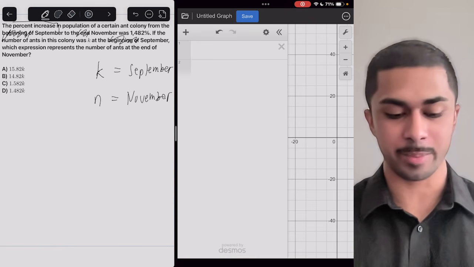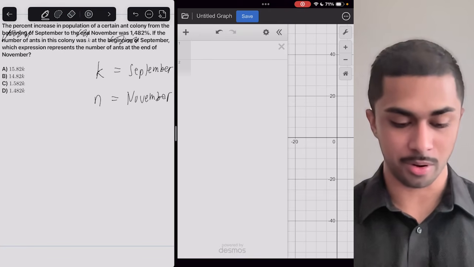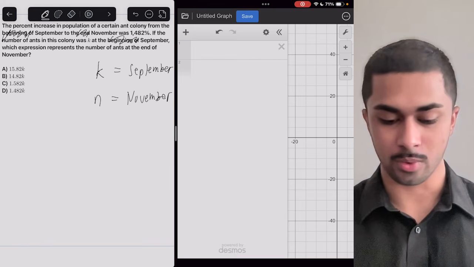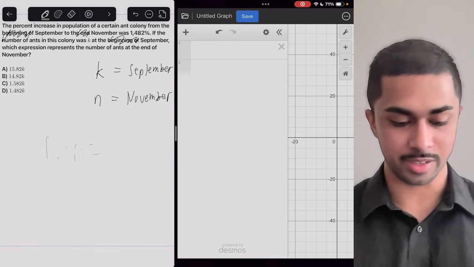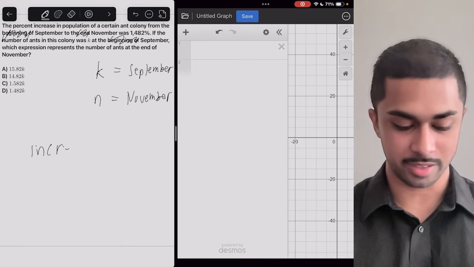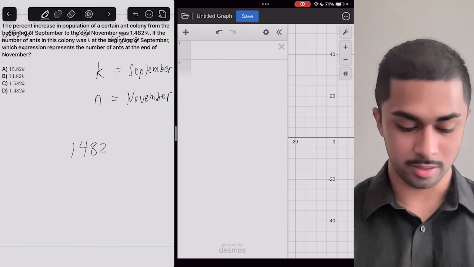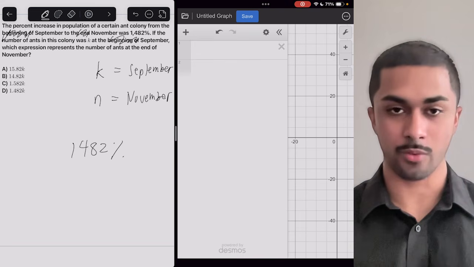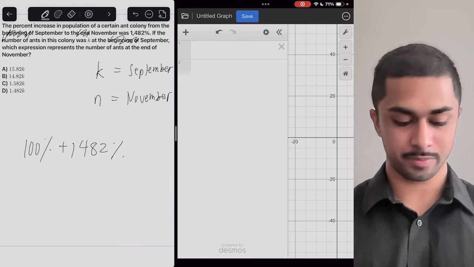The question says that the percent increase in population from September to November was 1,482%. This is tricky because it says the increase right here. So if it says percent increase, you have to take whatever percent it is, in this case, 1,482%, and add 100 to it.